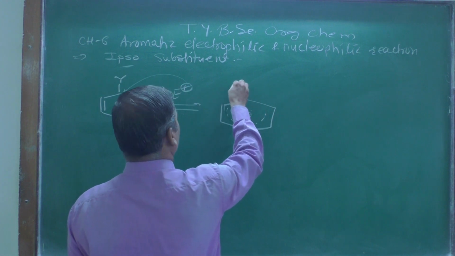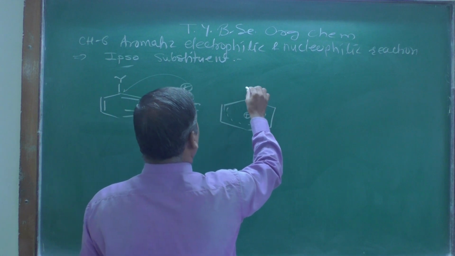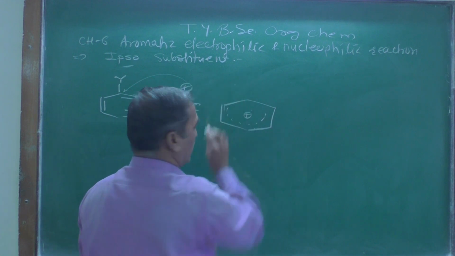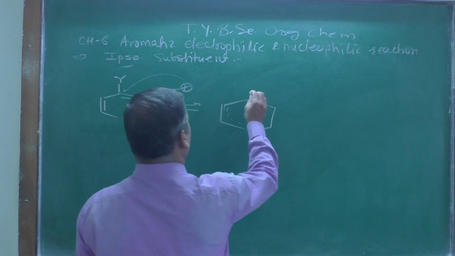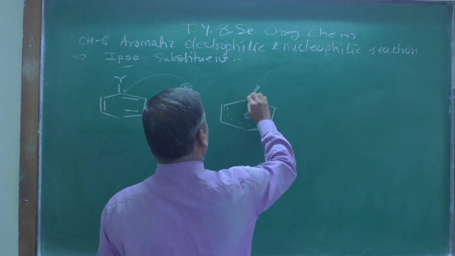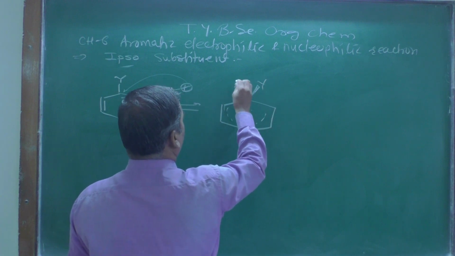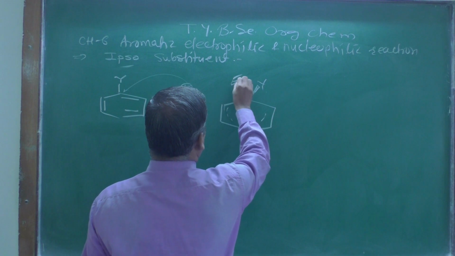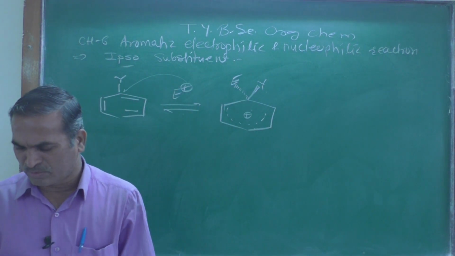Here we can show the Y group, the electrophile and the stereochemistry. The Y group is present there, the electrophile is attacking, and we get such an intermediate over here.